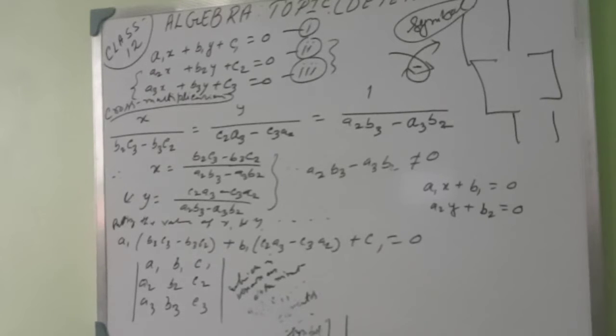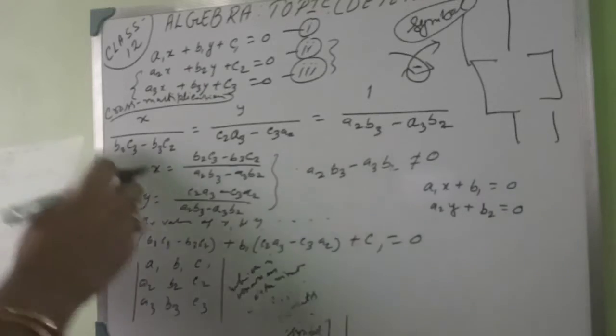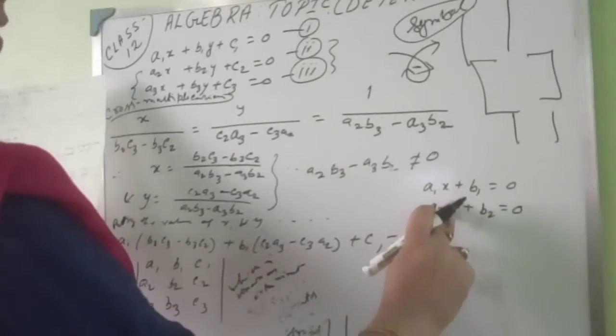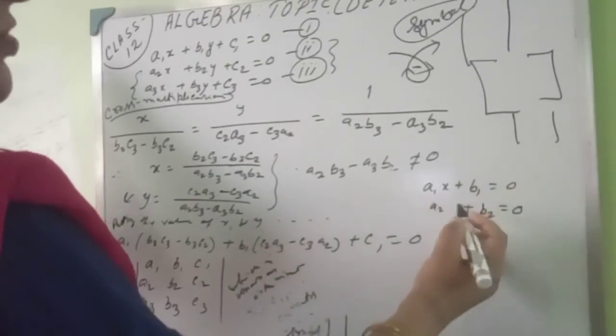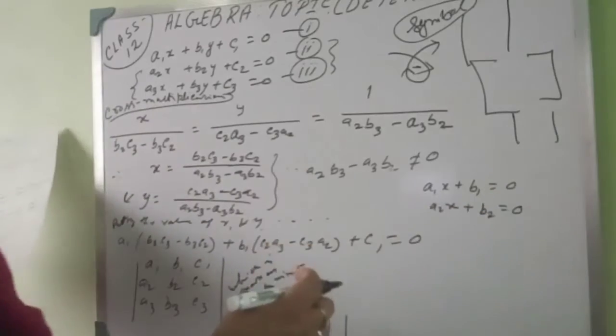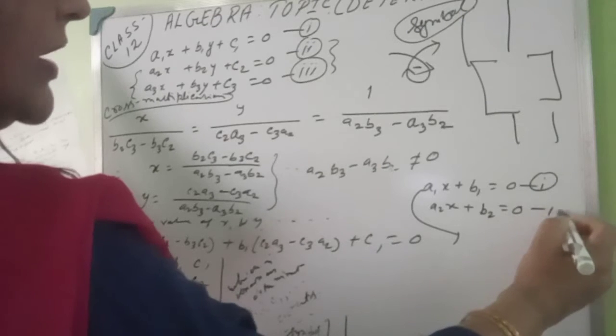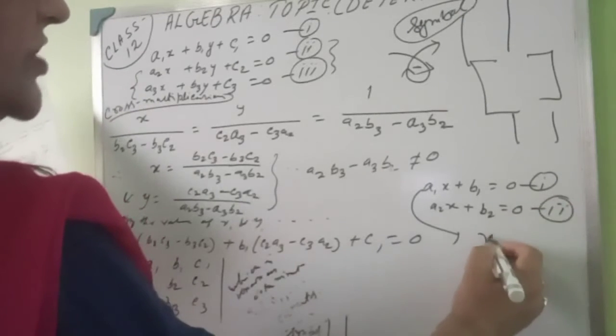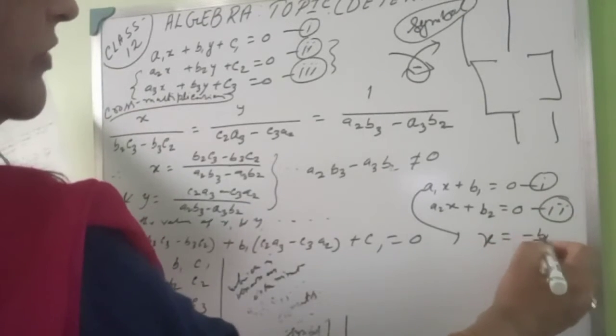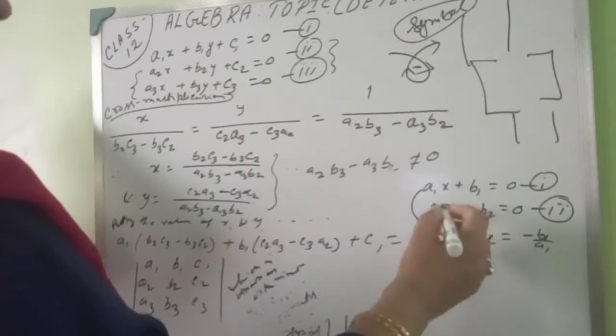Make the first equation number 1 and the second equation number 2. From the first equation, we can solve x equals minus b1 by a1 and put the value of x in the second equation.